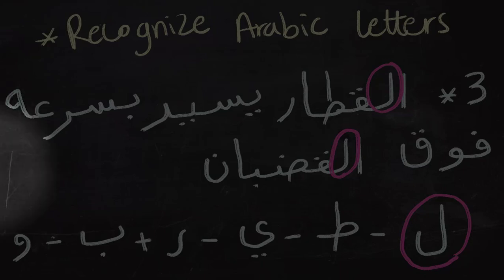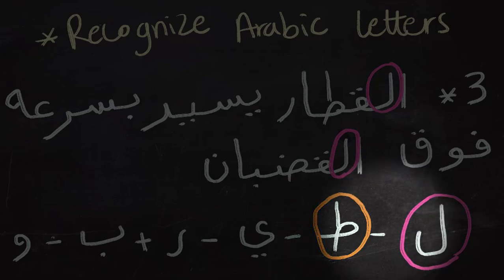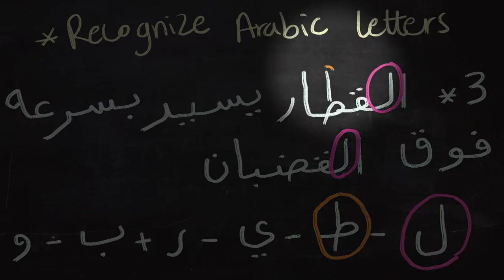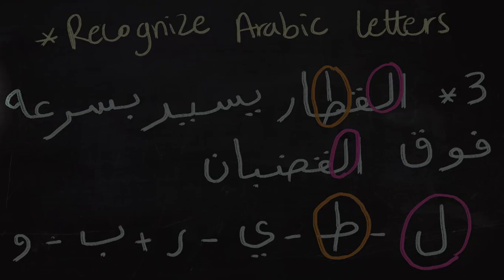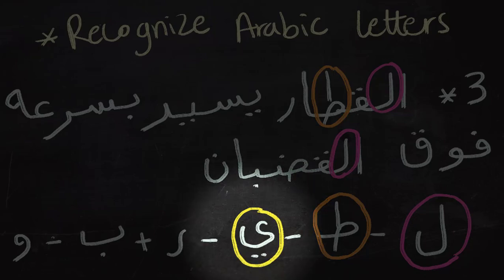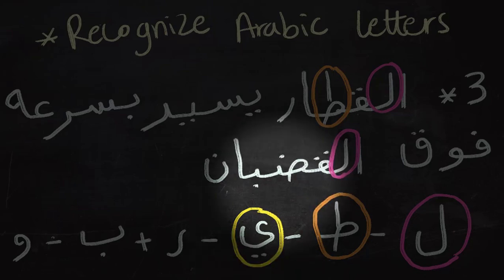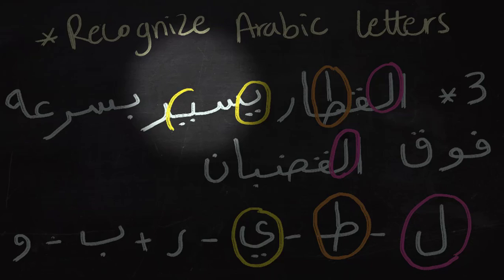With orange, we're going to find the ta, and ta is found only once in the word al-qitar. Using the yellow color, we're going to find the ya letter, and ya came twice in the word yasir, once in the beginning of the word and once in the middle of the word.